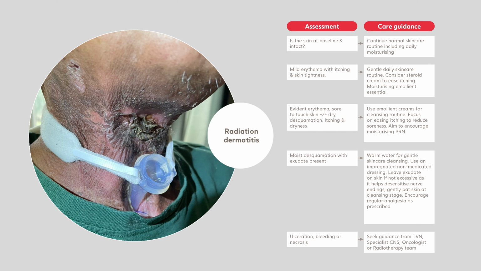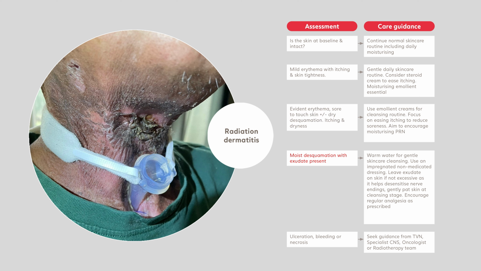If the skin is starting to show obvious erythema, sore to touch skin, plus or minus dry desquamation, itching and dryness, use emollient creams for the cleansing routine. Focus on easing itching to reduce soreness. Aim to encourage moisturizing as needed.